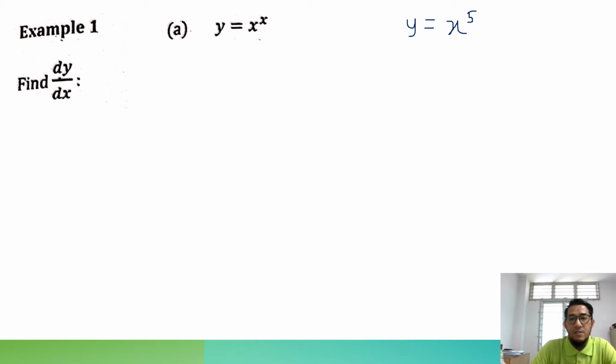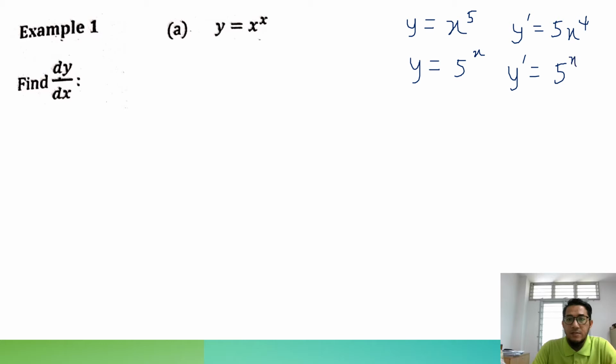You should get y prime equals 5x power of 4. Another one, let's say y equals 5 power of x. This is an example of an exponential function. You should get y prime equals 5 power of x ln 5.